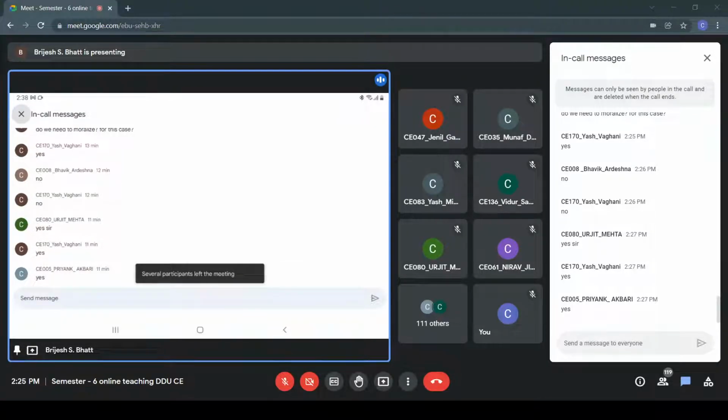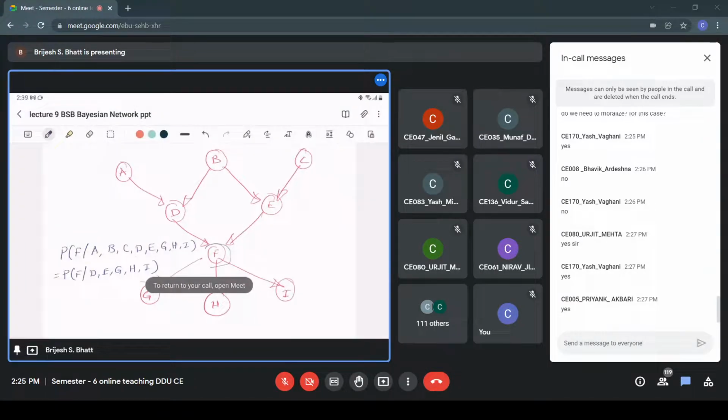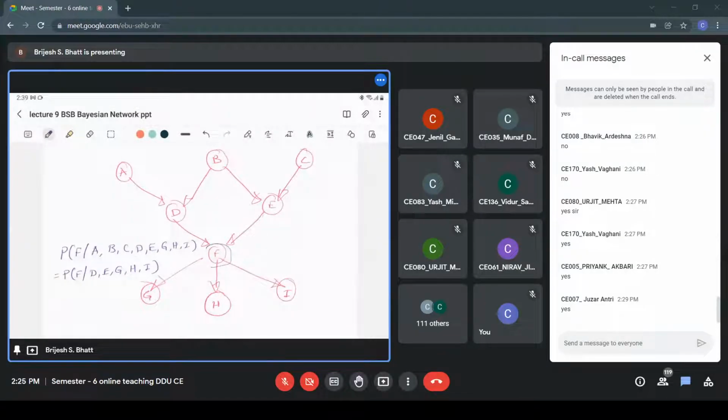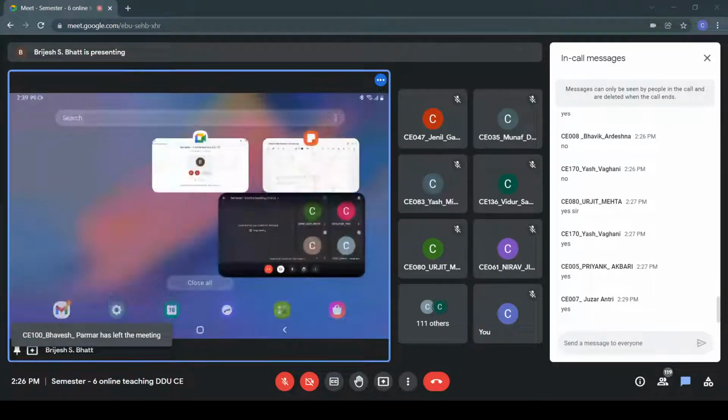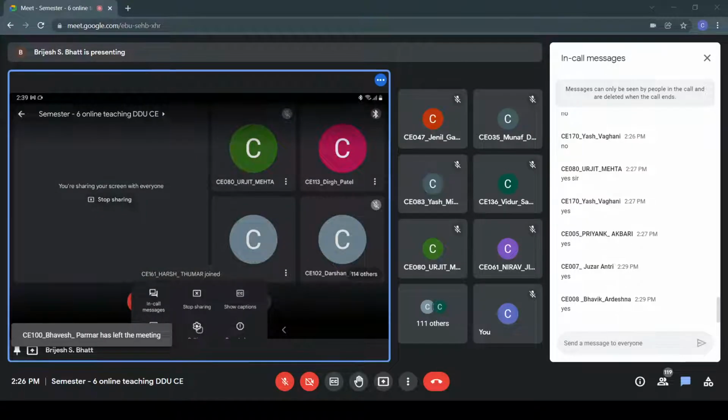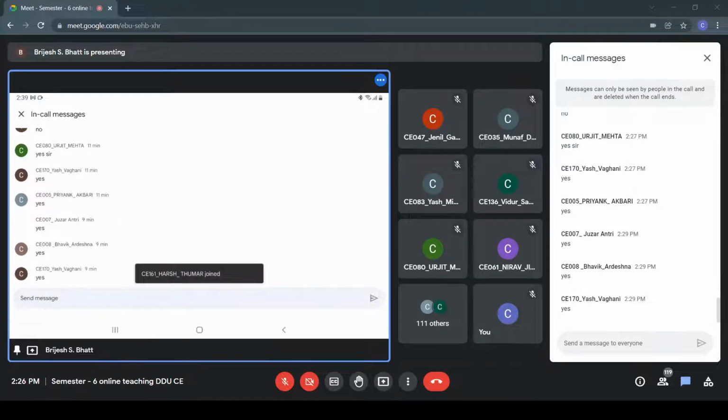Let me show the formula again. Do you agree with what I have written here? Not getting messages. Okay, some of you are saying yes, but I'm getting messages late.